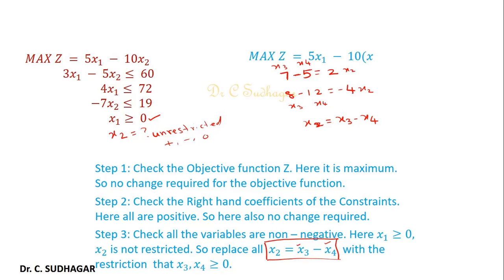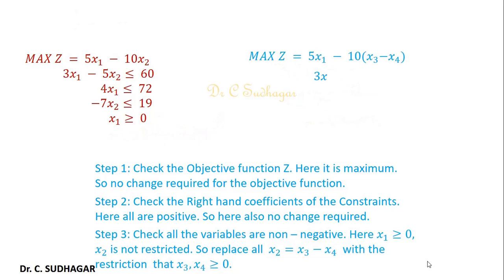In the next step we will replace all the x2 by x3 minus x4. This x2 is replaced by x3 minus x4, and this x2 is replaced by x3 minus x4. Just in the place of x2, replace with this. So the next equation is 4x1 less than or equal to 72, and in the third equation, minus 7x2 will be replaced by x3 minus x4, less than or equal to 19.